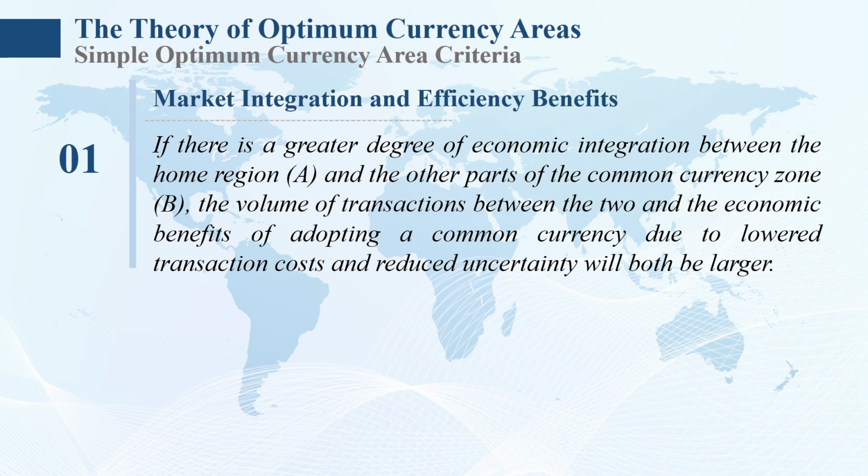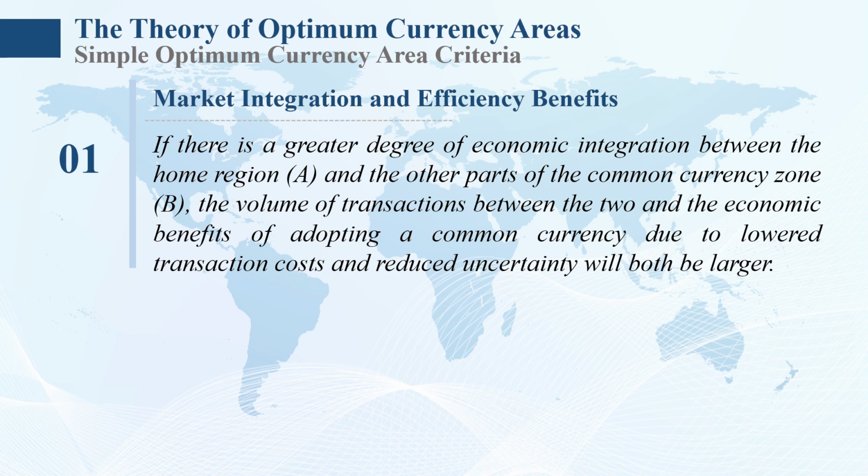Adopting a common currency implies that the two regions will have a fixed exchange rate. Hence, the same market integration criterion we used to discriminate between fixed and floating regions can be applied to the case of an OCA.